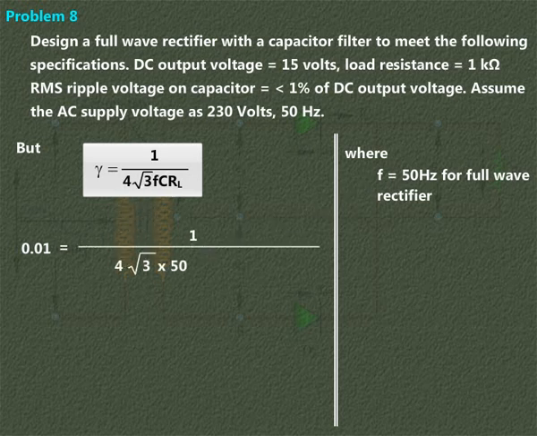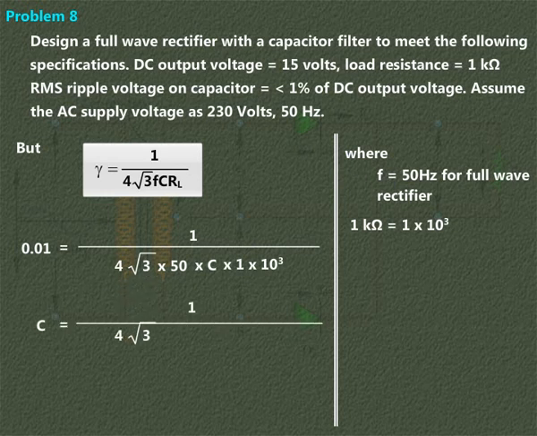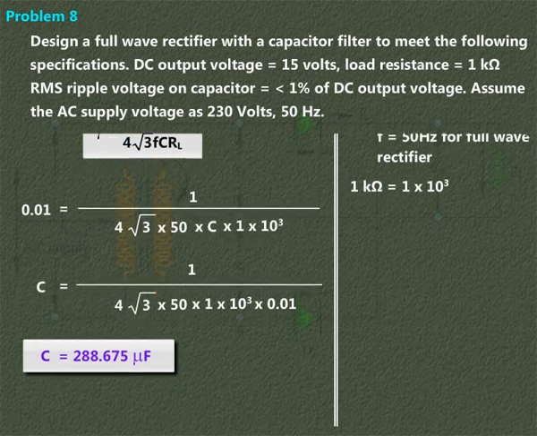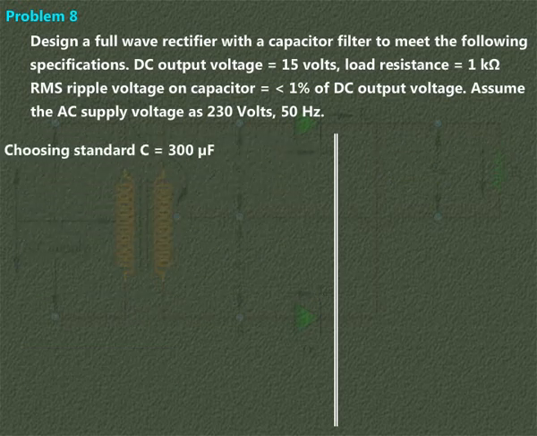By substituting the known values in the above equation and simplifying, we get the capacitance value. Therefore, C is equal to 288.675 microfarads. Then, choosing standard capacitance value, C is equal to 300 microfarads.